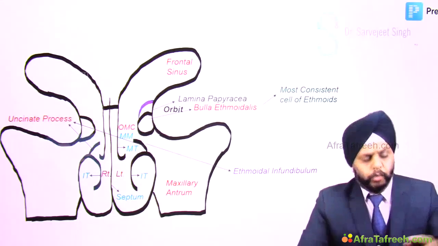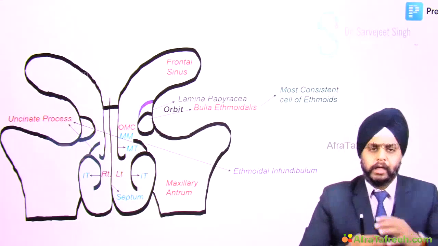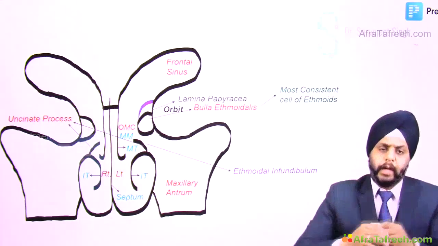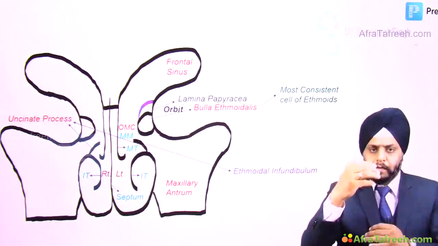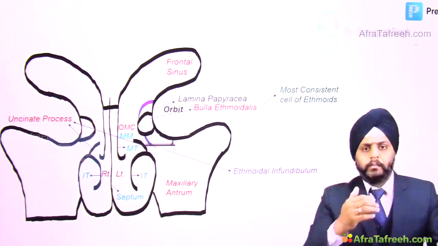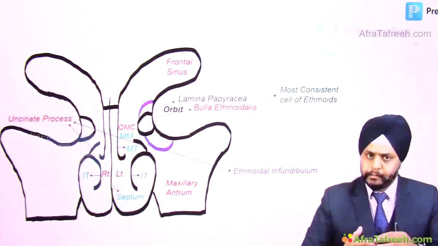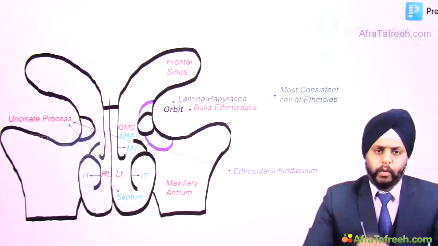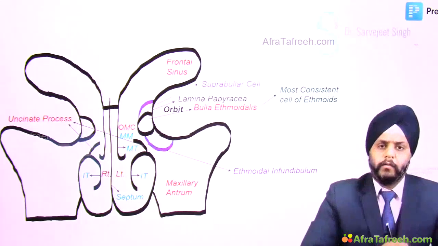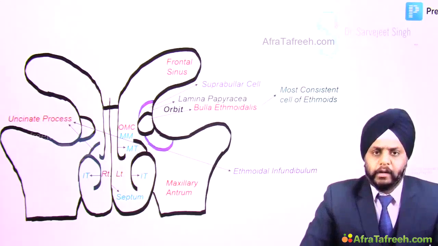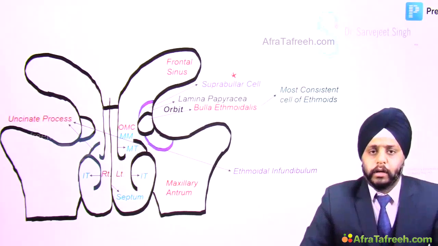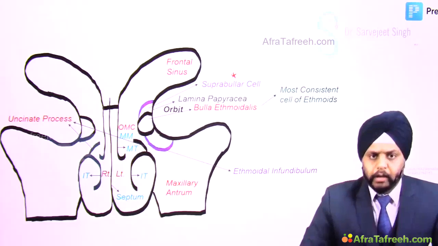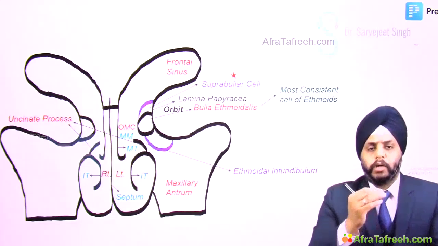We can have cells in the ethmoids which are above the bulla ethmoidalis or below the bulla ethmoidalis. You can see over here I have drawn two more cells. One cell above the bulla, we will call this cell the suprabullar cell.